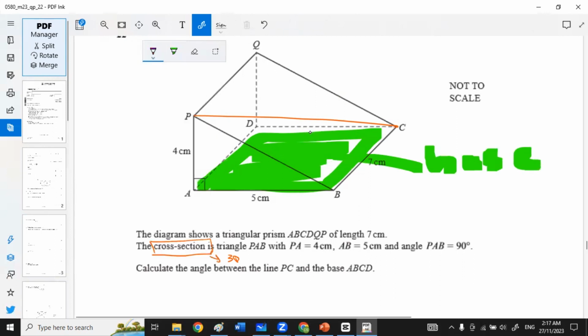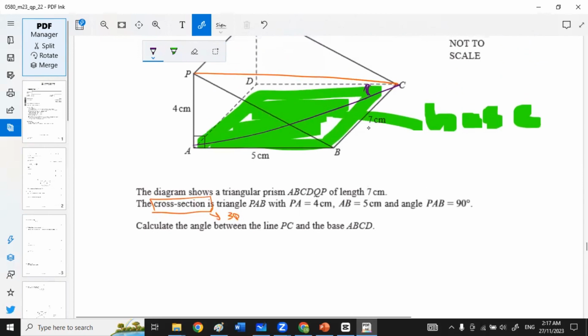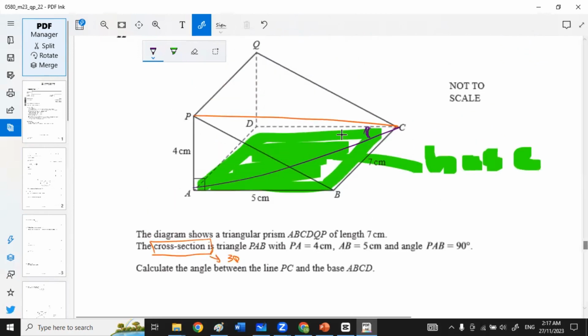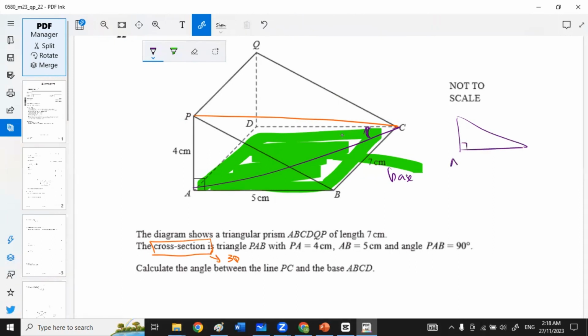Therefore, your angle will be here. This angle. Okay, you put it into a triangle. If you put in this triangle, you will get a 90 degrees here. This is A, this is P, this is C. The angle will be here, and you have 4 here.